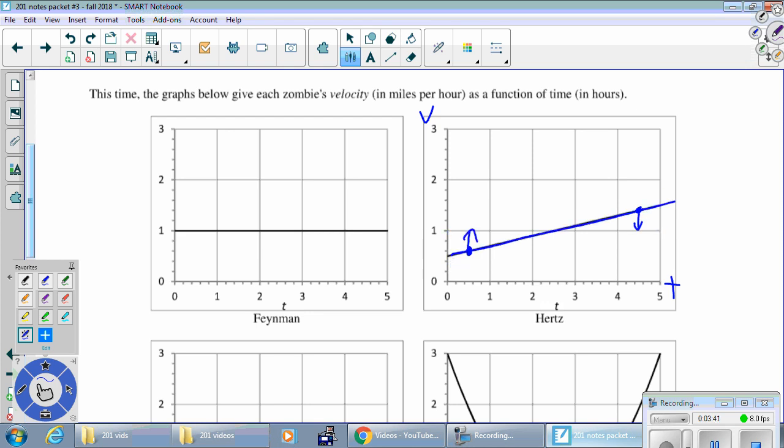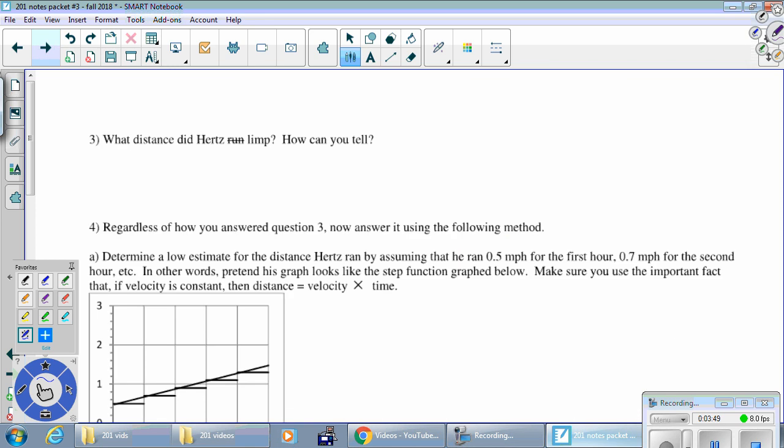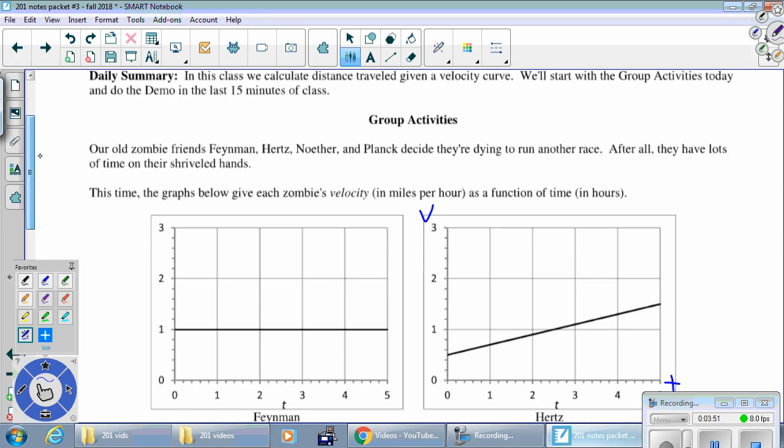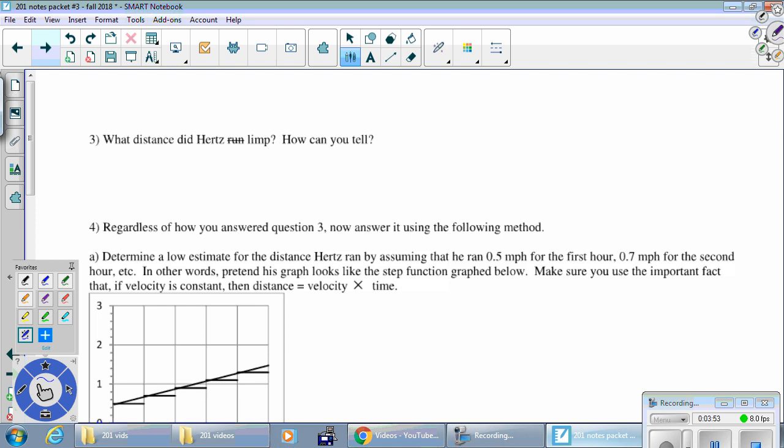And so just because this is a straight line, we can actually pretend that he was traveling 1 mile an hour constantly. So it's actually the same answer as for Feynman, because we're being clever about using the linearity of that one. So for Hertz, we can do the same distance equals rate times time.